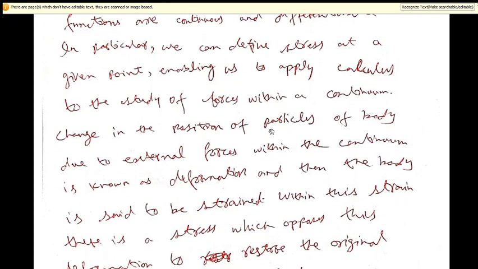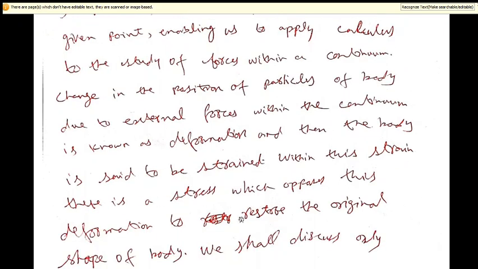We also say after deformation that the body is said to be strained. The body has undergone strain. Within this strain, there is stress which opposes the deformation to restore the original shape of the body.